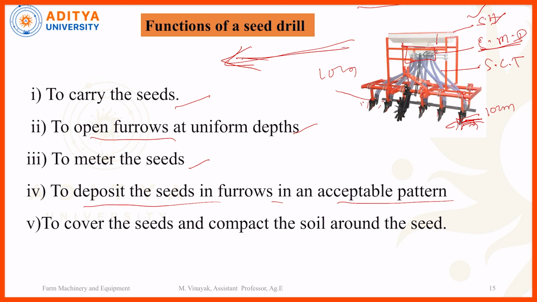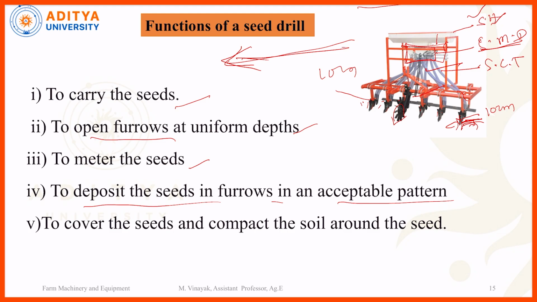After opening the furrows, during the forward motion of the tractor, the ground wheel will rotate in a clockwise direction. While the ground wheel rotates clockwise, by using the chain and sprocket mechanism, we can transfer the power from here to here. This entire mechanism is coupled with the seed metering devices. So here the seed metering mechanism can collect the seed.